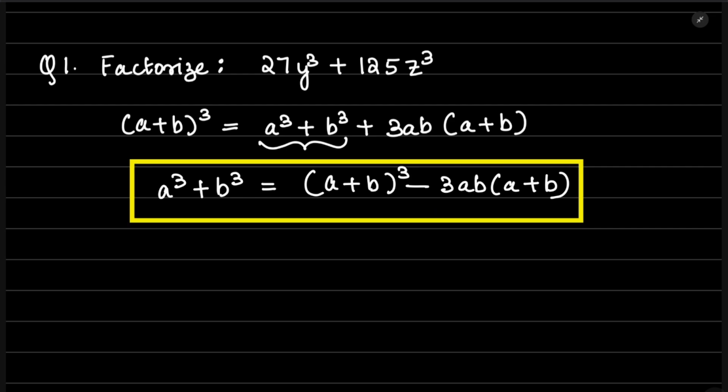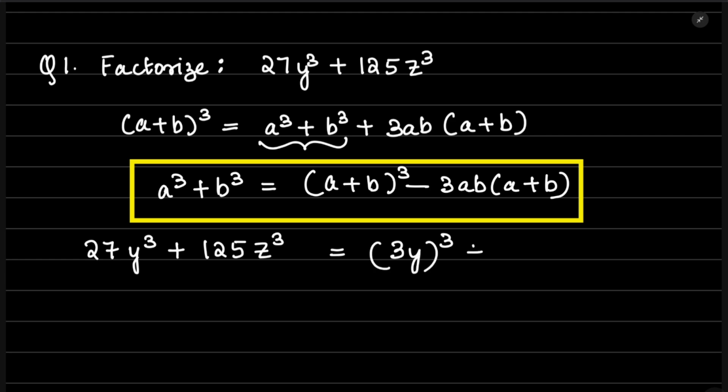Now let us do the question. You are given 27y cube plus 125z cube. I can write this as 3y the whole cube plus 5z the whole cube. So this is like the a cube plus b cube formula.